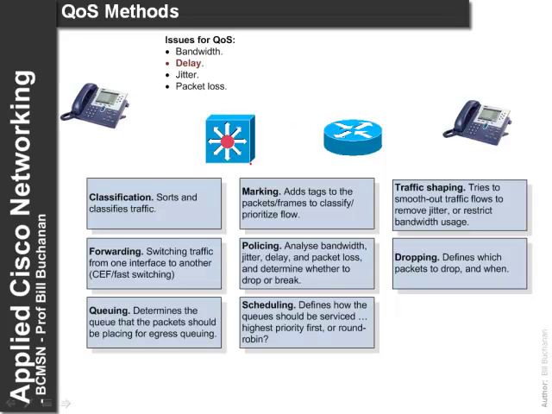There are many different methods which are used to define the quality of service. One technique is to use classification, and with this we typically tag or identify voice traffic from data traffic. Then we can apply technologies such as forwarding, and that's where we can use fast switching of data frames from one network to another.